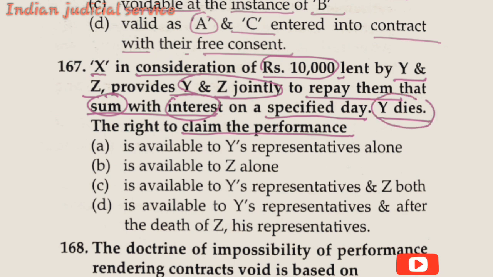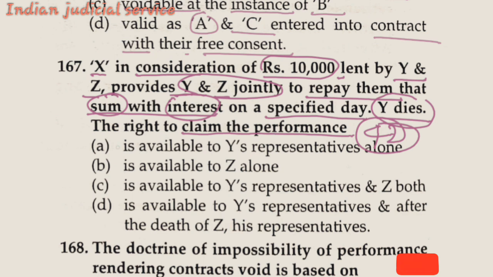The right to claim the performance is. So the promise is in consideration of 10,000 rupees lent by Y and Z, to repay the sum with interest on the specified date, but here Y died. This question is related to Section 42, which relates to the devolution of joint liabilities and rights. Both parties are responsible, and if any party dies before the performance of the contract, then the legal representatives are responsible to perform the contract.